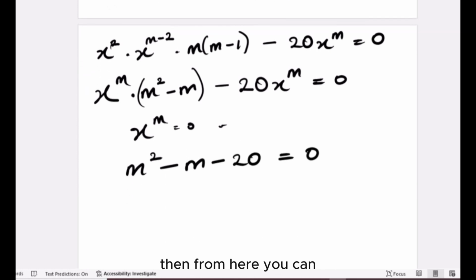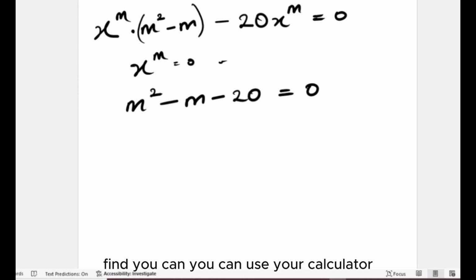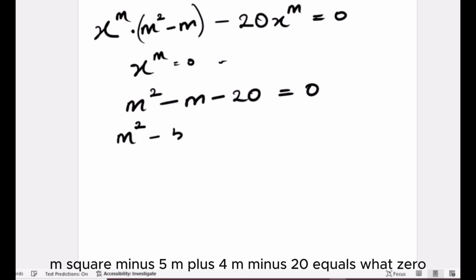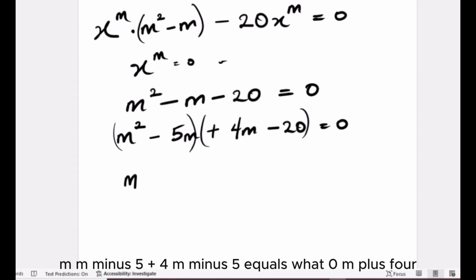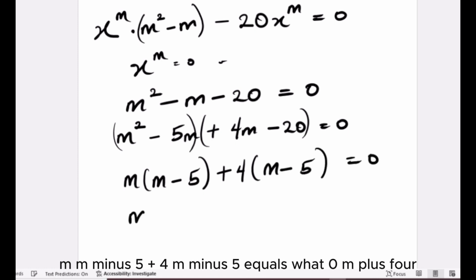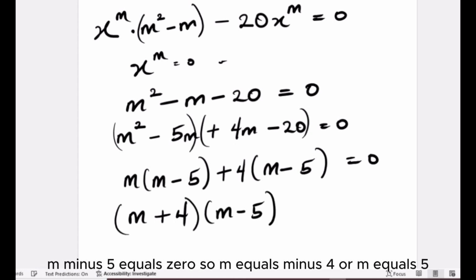Then from here, you can use your calculator, or let's do it one after the other. m squared minus 5m plus 4m minus 20 equals 0. m minus 5 plus 4 times m minus 5 equals 0. m plus 4 times m minus 5 equals 0.